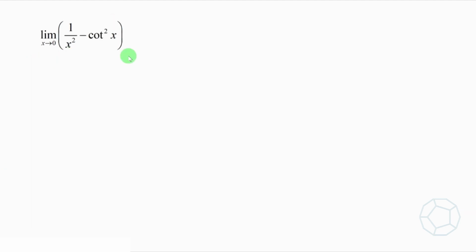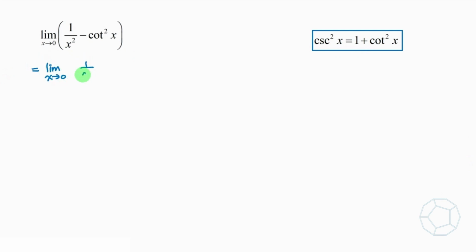Now we come to the easiest one. Using the identity cosecant squared x equals 1 plus cotangent squared x, then it is equal to limit x tends to 0, 1 over x squared minus bracket cosecant squared x minus 1.